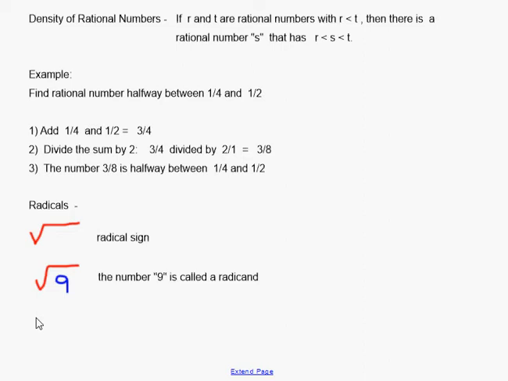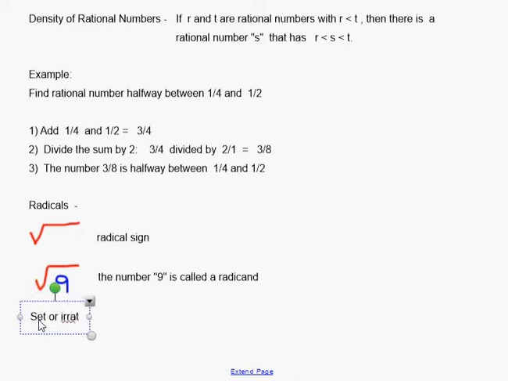Now we're going to talk about the set of irrational numbers. And we talked about those a while back, where those are numbers that cannot be written as the ratio of two integers.